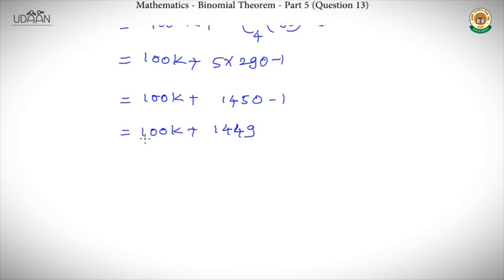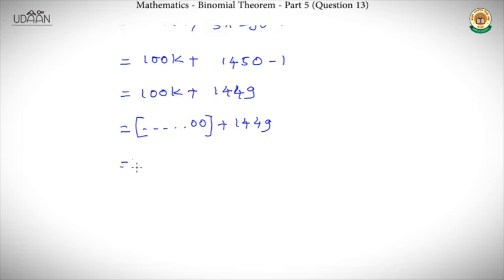So the 100k term will be some number into 100, plus 1449. The last two digits are going to come from these two, so the summation of these two numbers will be some number ending in 49.